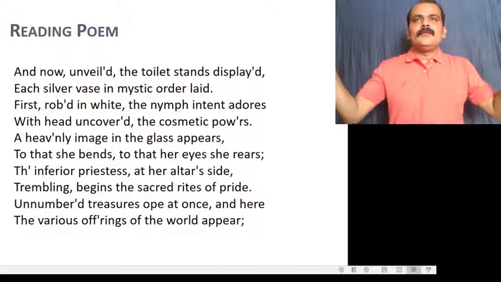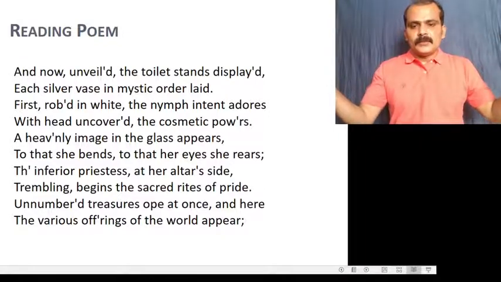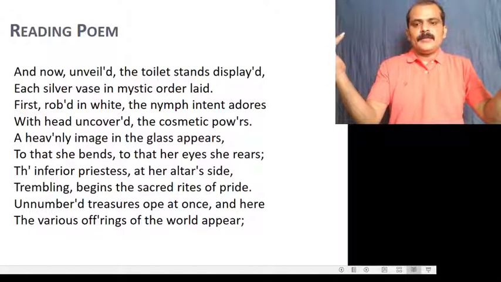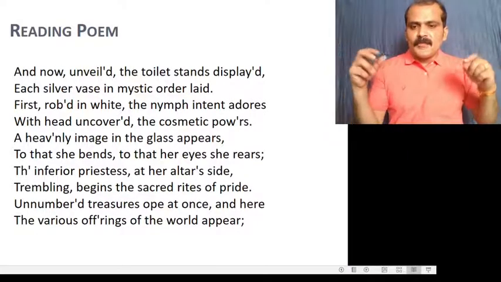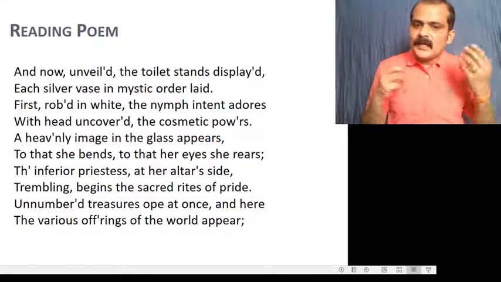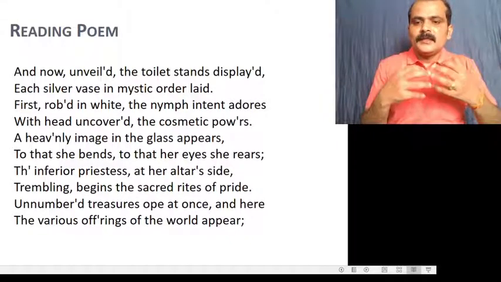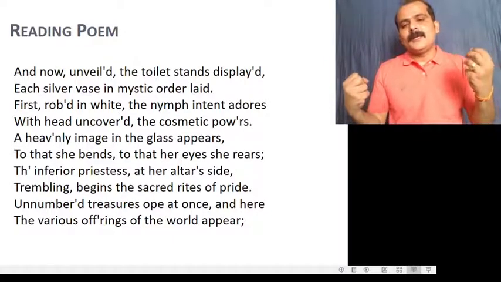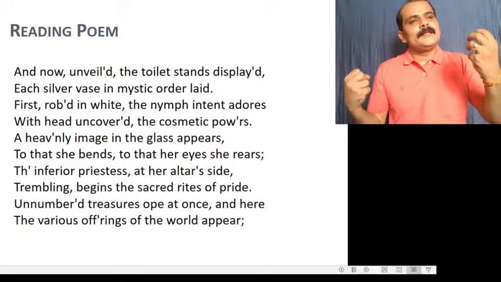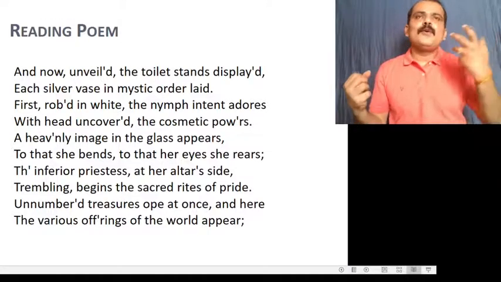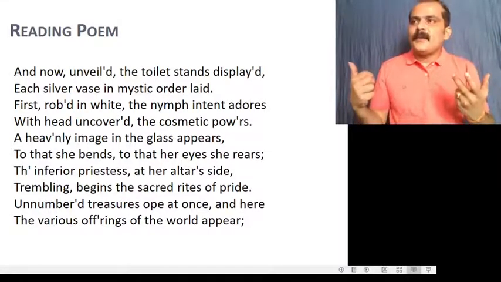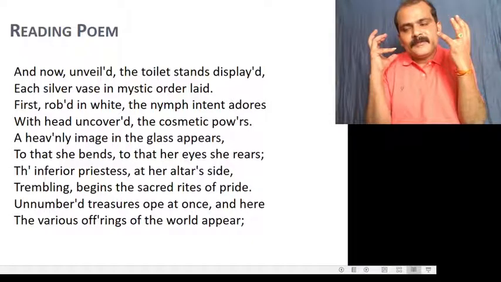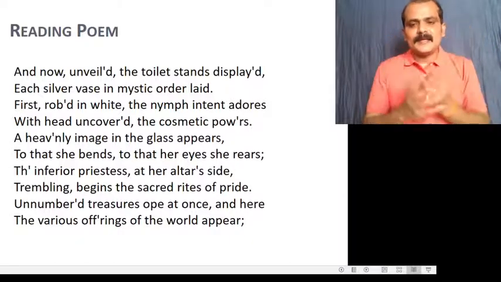So before standing before the glass, the image in the glass appears, that heavenly image. See that, she bends to that, her eyes she raises, the inferior priestess. She is like a priestess looking after all those makeup items or cosmetics, very gently carrying them.